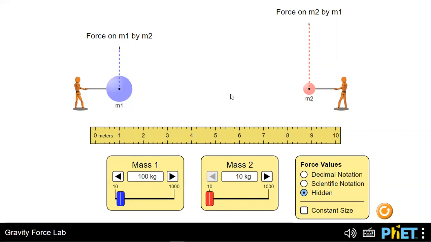Okay, so we are going to calculate 10 instead of 1. So this becomes 10 kilograms and this becomes 100 kilograms. Okay, so still at 9 meters and at 1 meter.